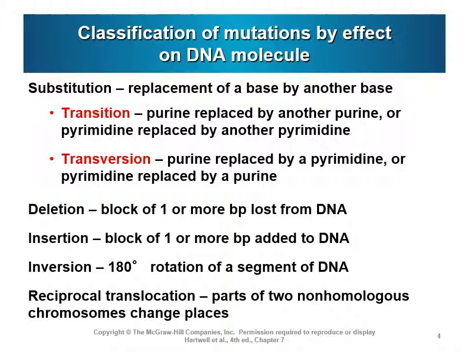The fourth type, inversion, is the case when a 180-degree rotation takes place in a particular segment of DNA. There is also a special case of mutation, the reciprocal translocation, where parts of two non-homologous chromosomes change places.